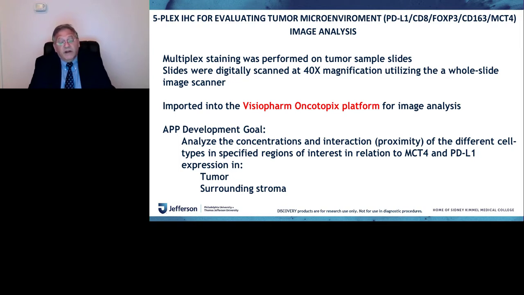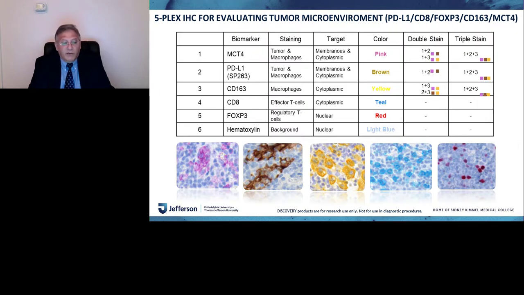And we developed, together with Visiopharm and Thomas Jefferson University, a private app or a private algorithm to analyze the concentration and the interaction of the different cell types in specific regions of interest in relation to the MCT4 and the PD-L1 expression in the tumor and the surrounding stroma. So that was our goal. That was what we decided to examine.